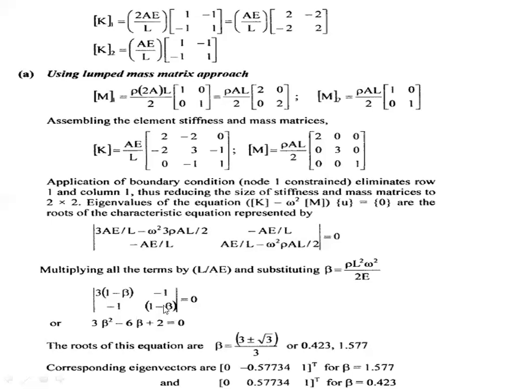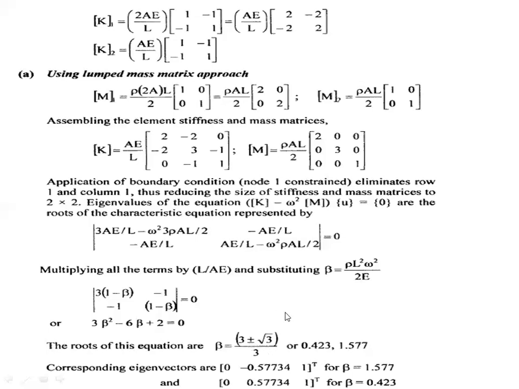So the 2 by 2 determinant can be written as 3 beta square minus 6 beta plus 2 equal to 0. From this, the roots of beta can be calculated as (3 plus or minus root of 3) divided by 3.